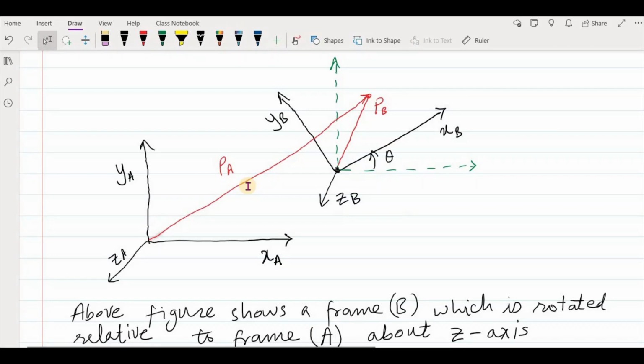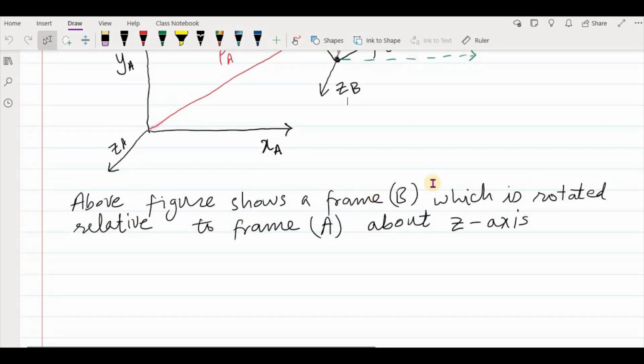So place your thumb along the z-axis, and the rotation theta along x and y will be the direction of your fingers.